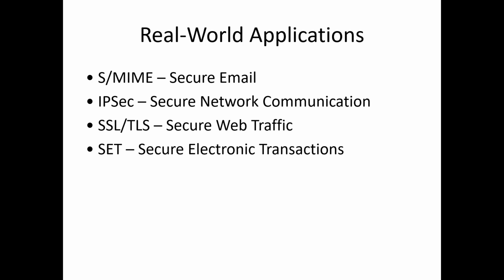SET, secure electronic transaction, is used in online payments for card security. Nowadays every online transaction is very securely encrypted. For example, when you use HTTPS in the browser bar, it's using an X.509 certificate via TLS.